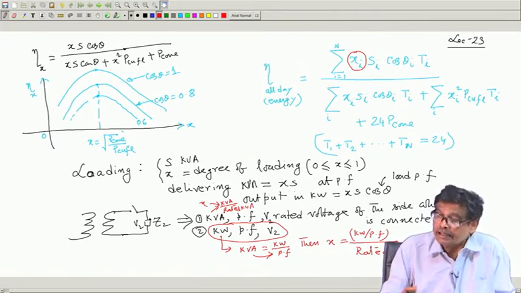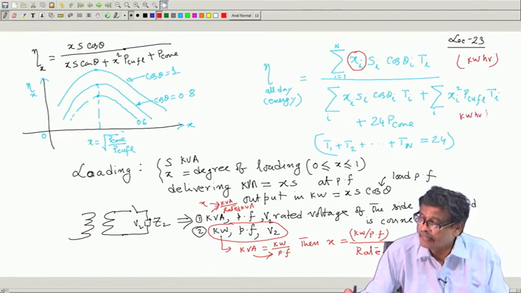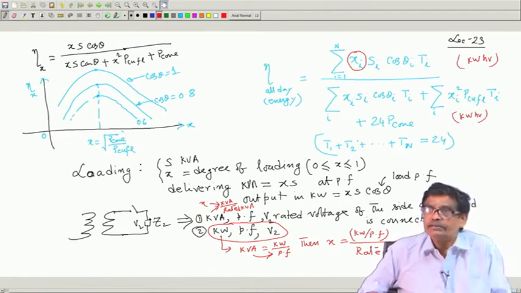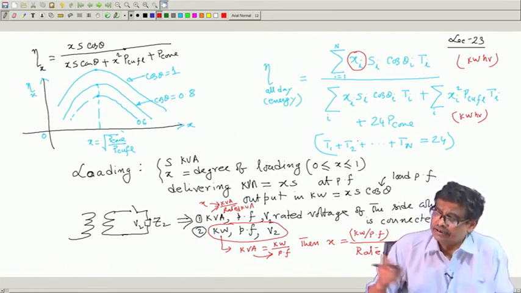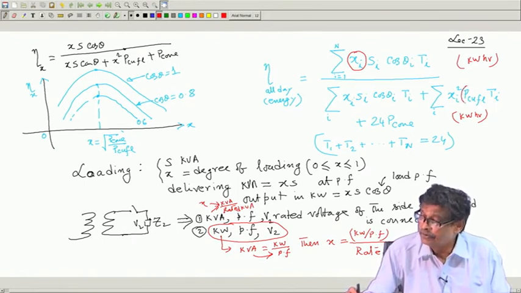This is the energy efficiency, kilowatt hour on the top divided by kilowatt hour on the bottom. Core loss remains constant. And finally, once again repeating, what is this PCu full load?